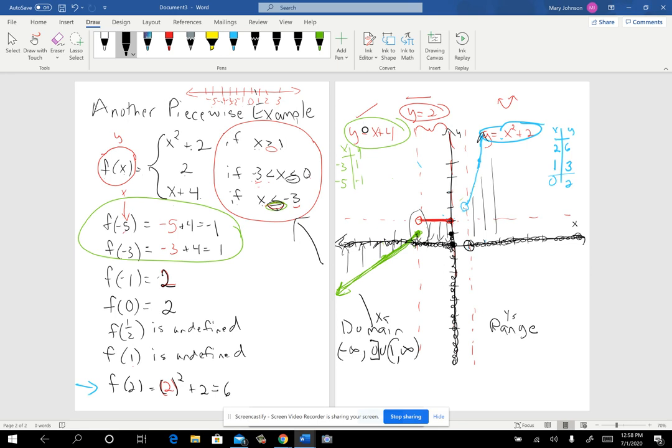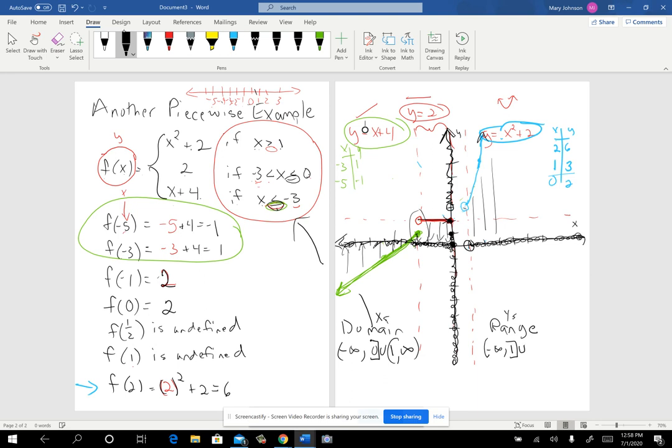Then I jump up here to 2. All of these points would have a y of 2. Then I have to jump again to get to here, which would have an open circle since there's no point there, and then everything on up. So the range would be -infinity until I get to 1 with a bracket. Okay, remember, think y coordinates here.